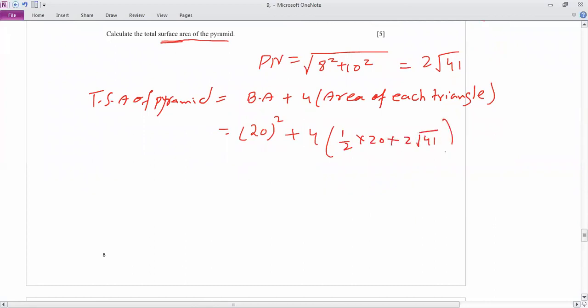Do this calculation: the 2 can be cancelled, 2 into 20 is 40, 40 into 2 is 80, 80 square root of 41. And then you can do this calculation, it's simple, that's it.